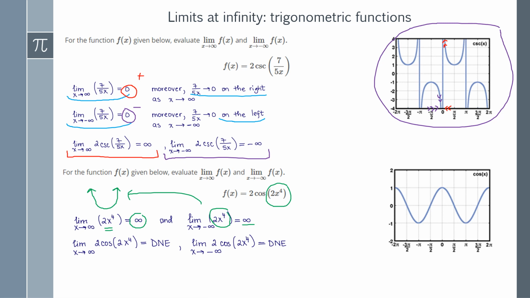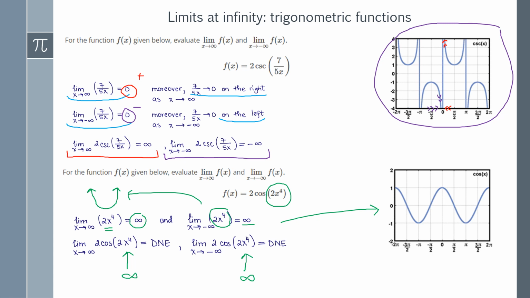So what happens to 2 cosine of 2x to the fourth? Remember, this goes to infinity, and also this goes to infinity, both arguments. But if we take a look at the graph of cosine, as x goes to positive infinity or negative infinity, our graph just oscillates.